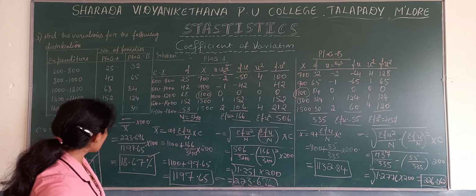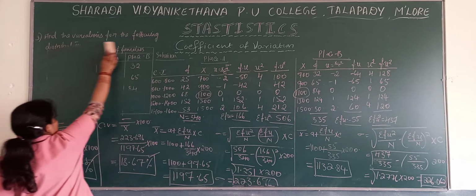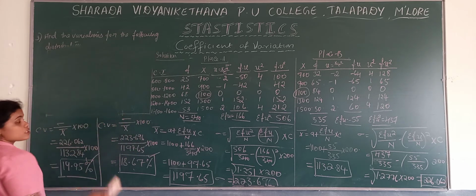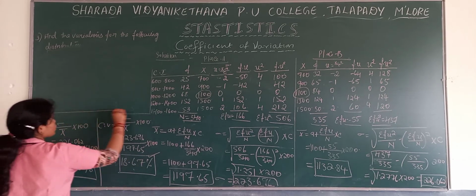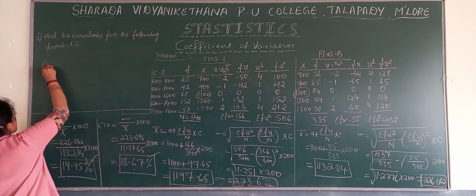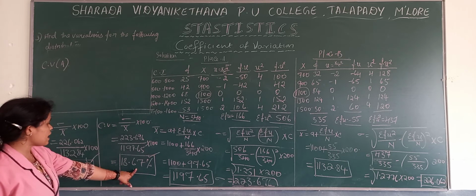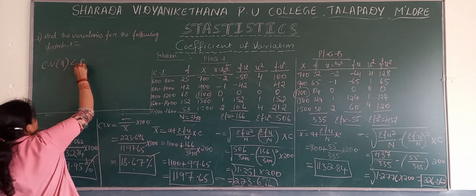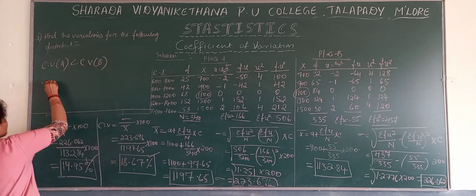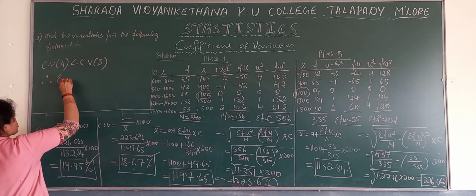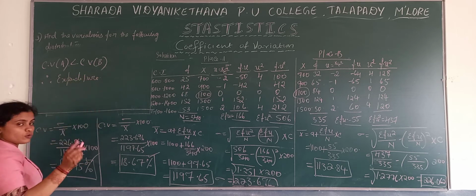So where there is more consistency? If they do not ask about consistency, for example in this question they have not asked anything about consistency, but you need to conclude here CV of place A is lesser than the CV of place B. So therefore, this problem is about expenditure of two different places.